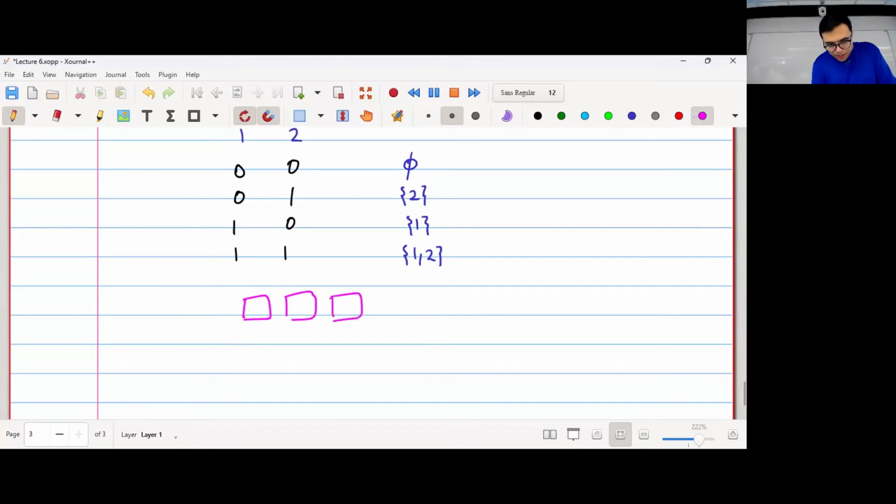So I have n places, and in each one of these places, I have to write either 0 or 1. But they also don't depend on each other at all. So in the first place, I have two choices. I can either write 0 or 1. Now, independent of what I wrote here, in the second place, I have two choices. I can write 0 or 1, and so on. So I have two choices for every step. So the total number of choices is just the multiplication of all of these, which is 2 to the power of n.